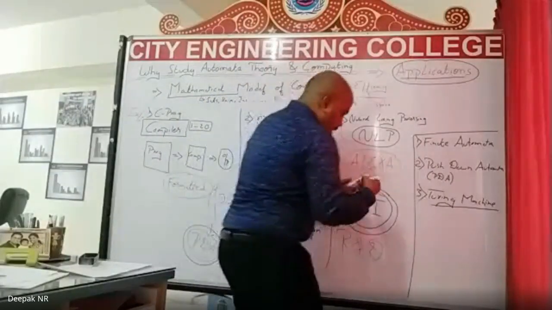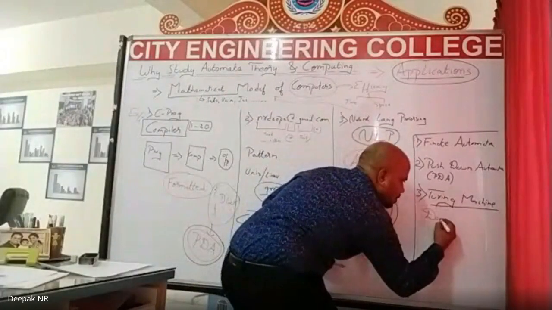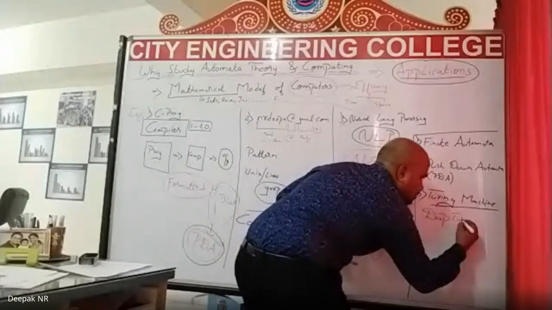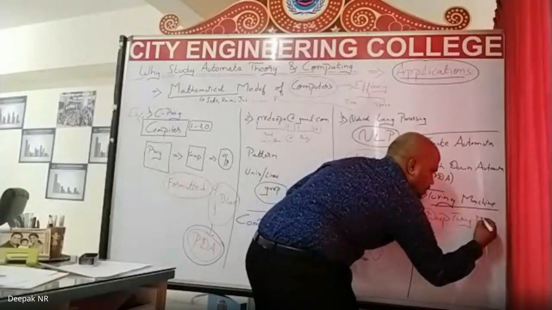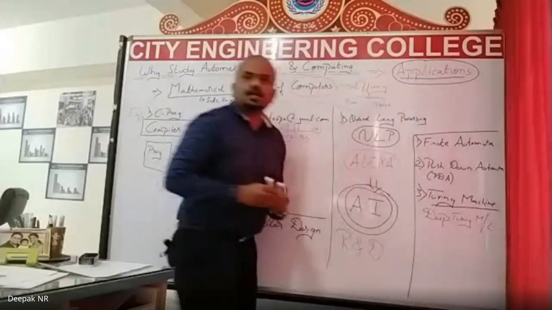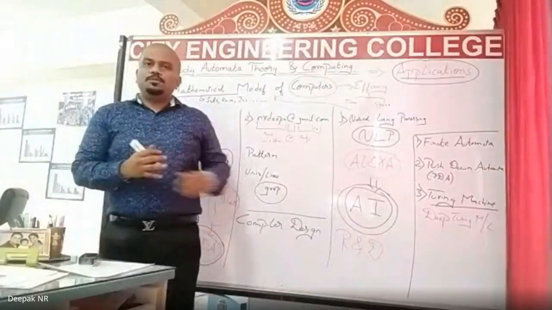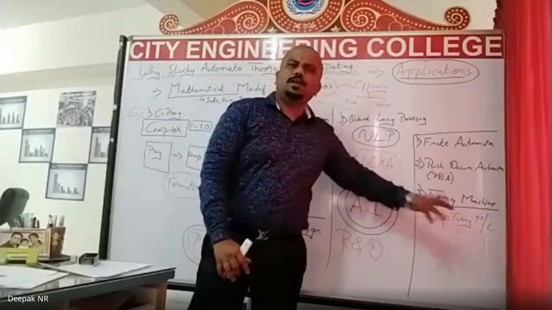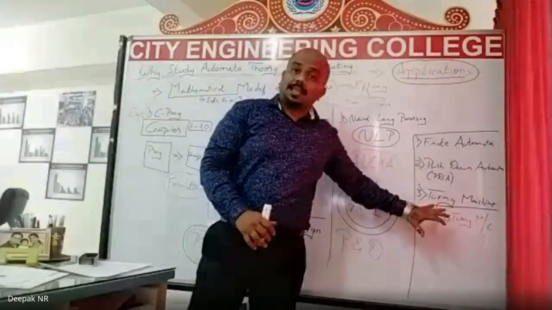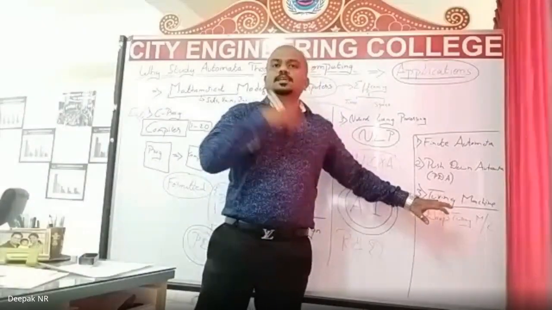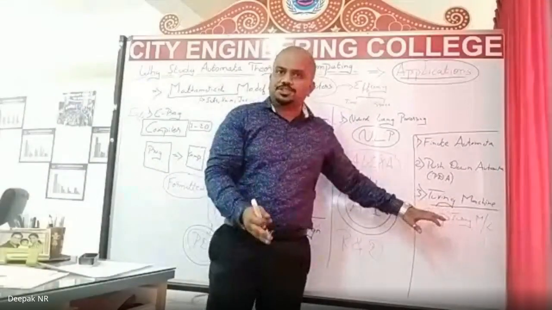It's called a deep Turing machine. What do you mean by a deep Turing machine? This calculates code complexity, space complexity, time complexity, and everything.